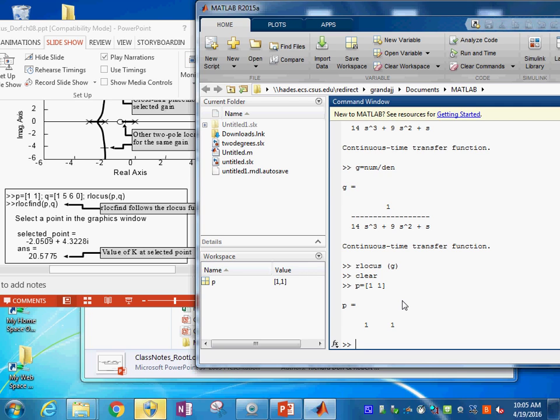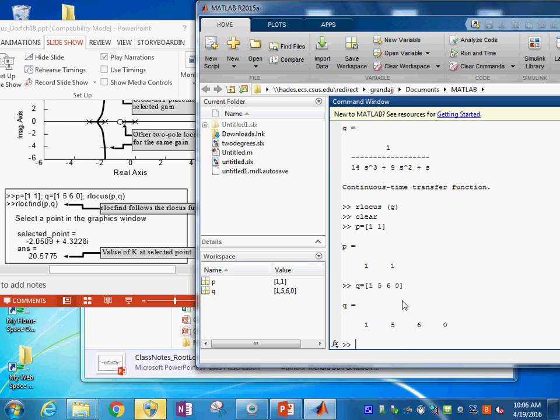Then we are going to define the denominator, which is q, and this is going to be with, let's say, 1 and 5 and 6 and 0, and then we close this over here.